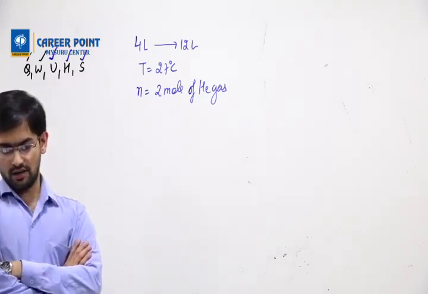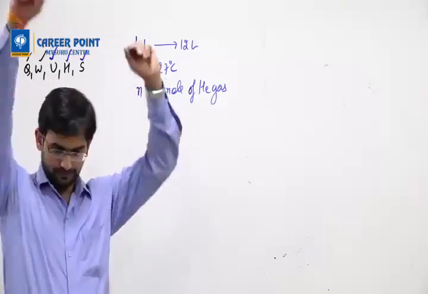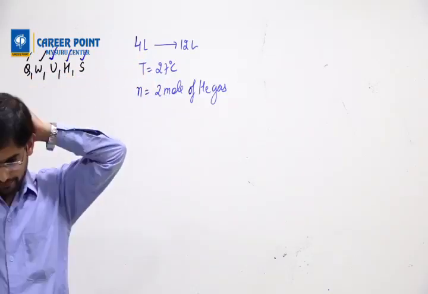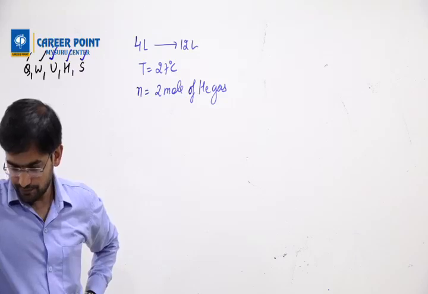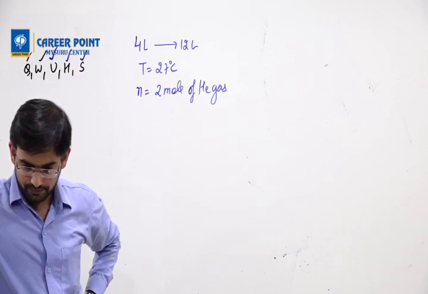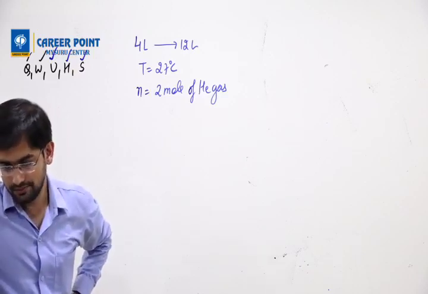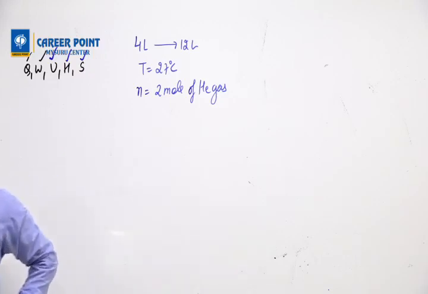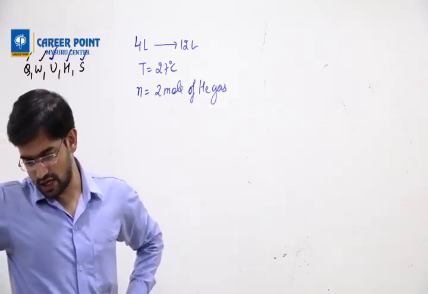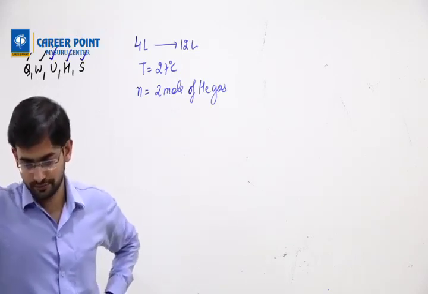So can I solve now? Anyone able to get the answer? Anyone? Sir, should we take the R value as 8.314 only? Yes, Narayan, we should take R as 8.314 only. Then only we'll get the answer in joules.